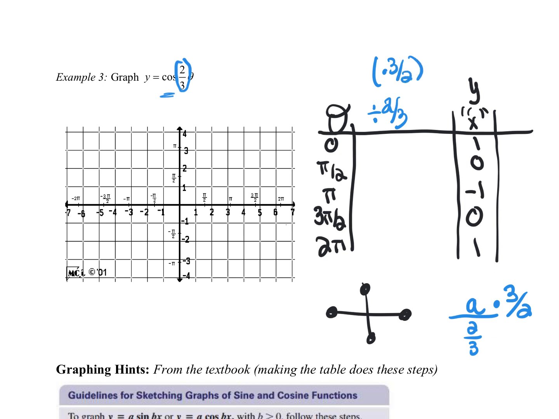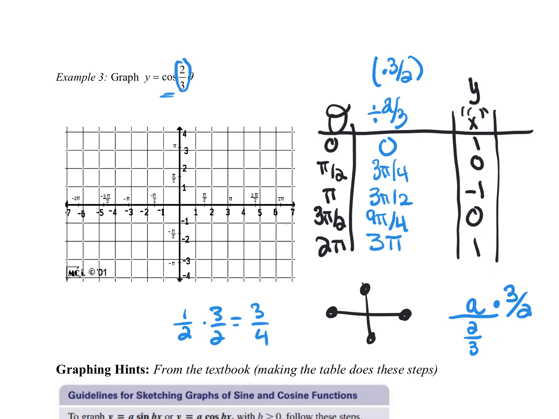So 0 times anything is 0. That's pi over 2, the 1/2. It's a 1/2 times 3 over 2, which is 3 over 4. So I get 3 pi over 4. Pi times 3 over 2 is 3 pi over 2. 3 times 3 on top is 9 pi, and 2 times 2 on the bottom is 4. And then the 2's cancel out, so this should be 3 pi.